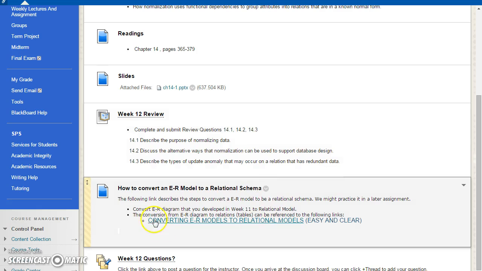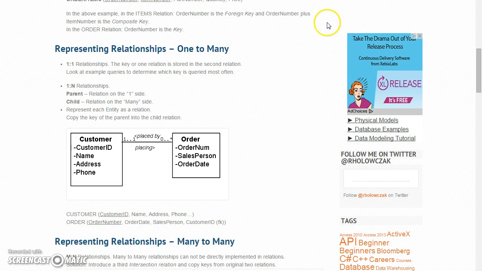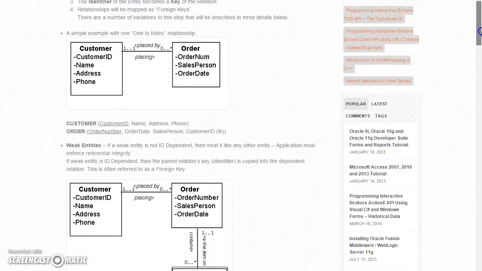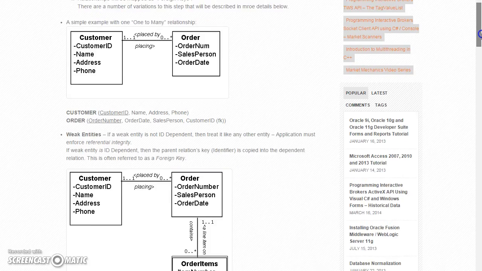Okay. So this is converting the ER model into the relational model. So I'm going to use the website. If you go to the website, go to the second page, the second slide, you will see that there are some rules.